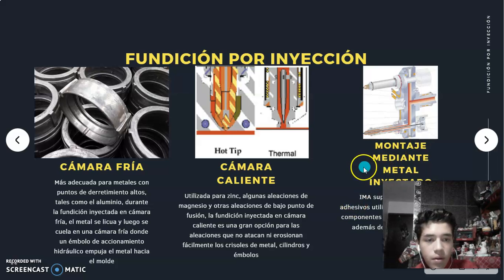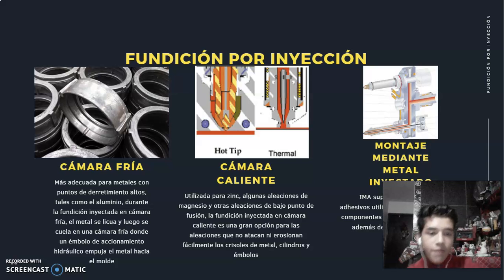And for the metal injected montage, it's more like an explanation right here, that it will have some components. It's only used to put together some little components in production and montage. Alright, so also it will reduce the costs by a lot.